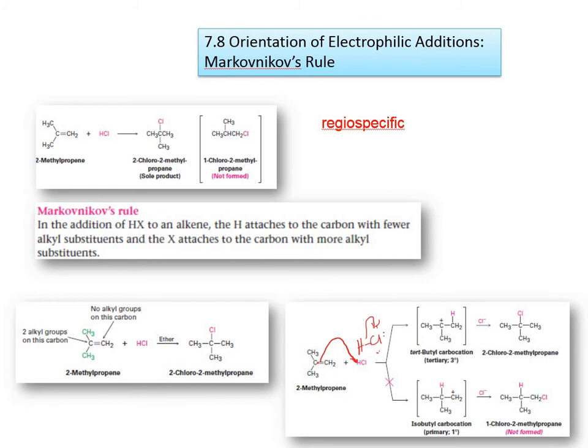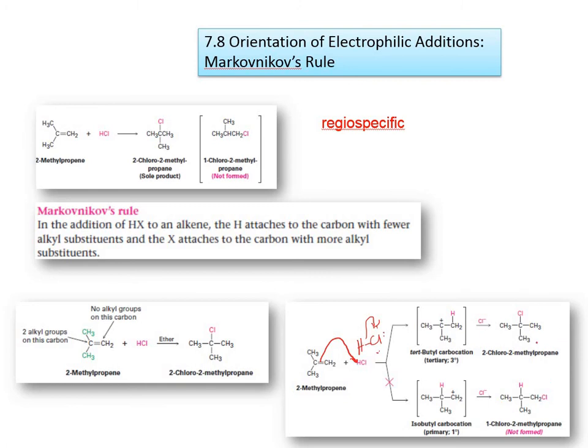If we add it to the first carbon on the left side, we are going to get this carbocation. And if we add hydrogen to this carbon, it's possible we are going to get this carbocation. So basically we can get 2 possible carbocations, and the chloride anion as a nucleophile can add itself to this carbocation or to this carbocation, but experimentally this carbocation is formed and this carbocation does not form.